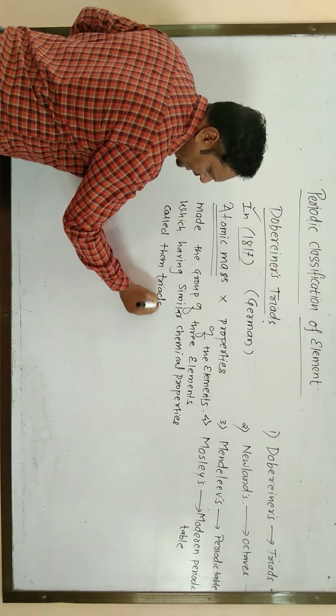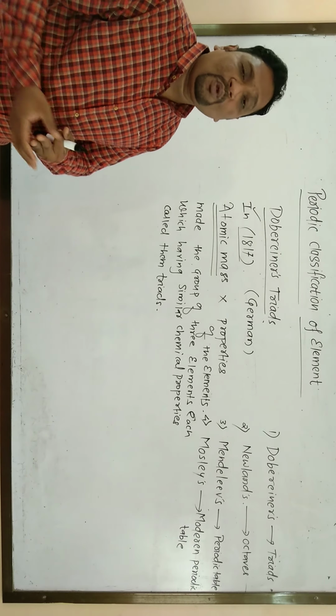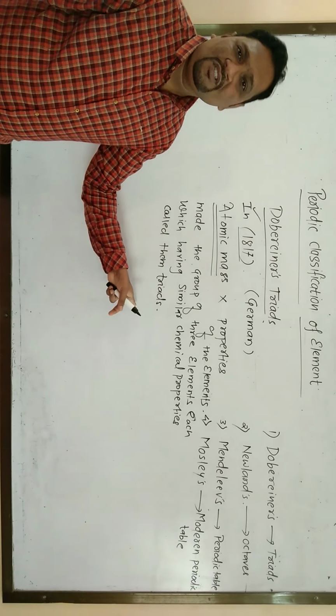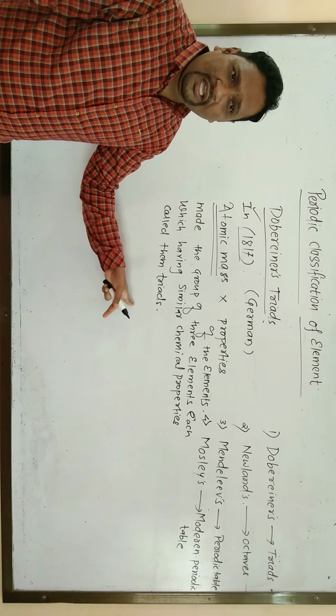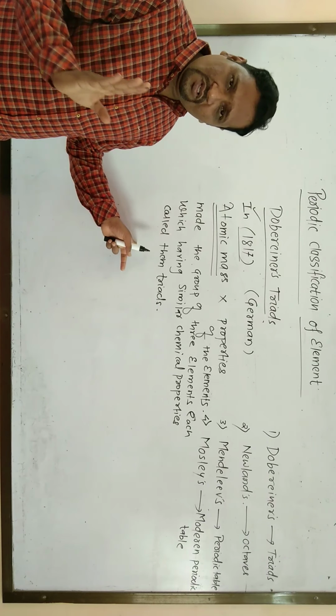Döbereiner made groups of three elements each which have similar chemical properties, and called them triads. Are you getting it?